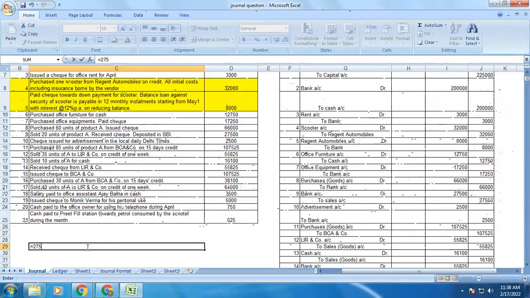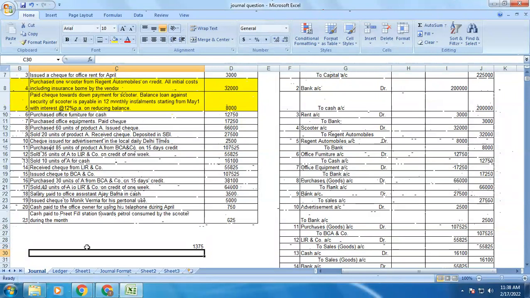Is equal to 27,500 divided by 20 to get the per unit price comes out to be 1375. So जो प्रोडक्ट हमने 1100 रुपीस का खरीदा था उसको हमने 1375 रुपीस का सेल किया है. Okay, that is kind of a hidden information in your transactions itself.